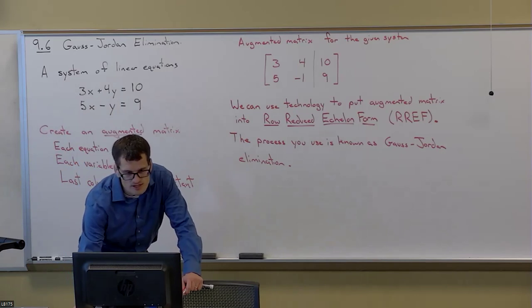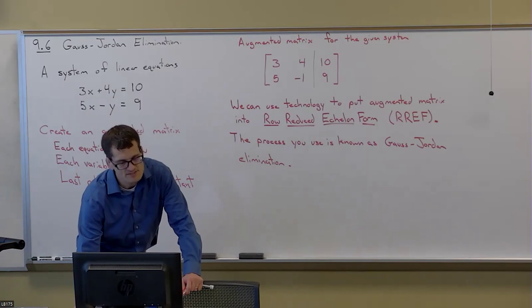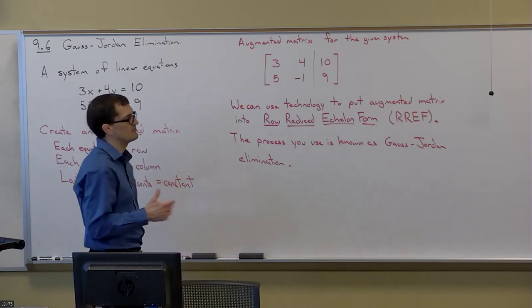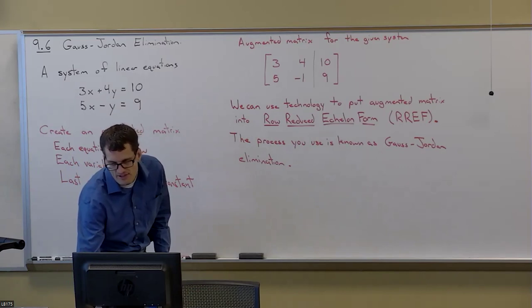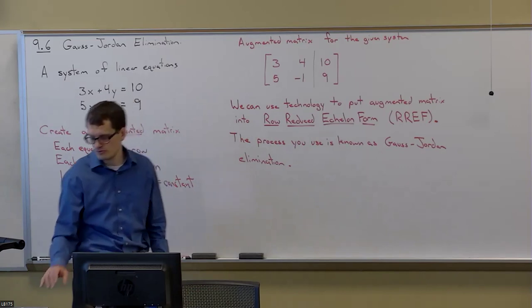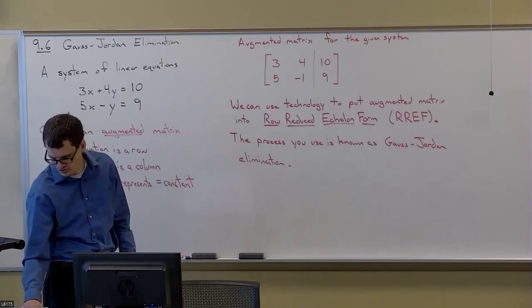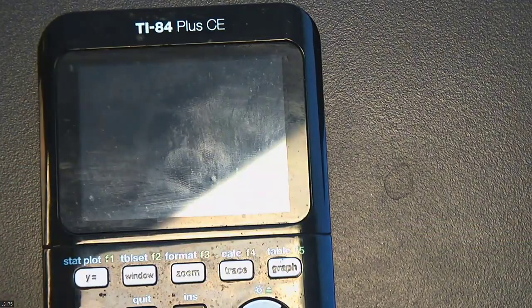Now, in terms of what row-reduced echelon form is, basically it's going to be this really nice form. In fact, let's just go and use row-reduced echelon form right now. And I'll show you how this is done via our calculator.